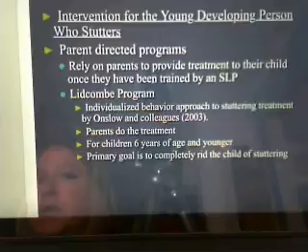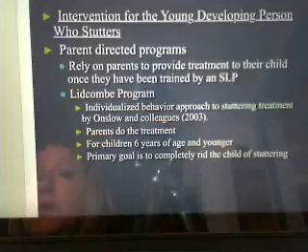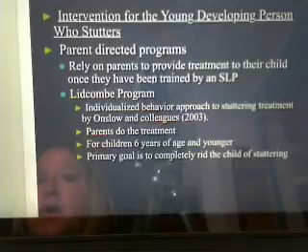So with young children, the programs vary. One of the parent-directed programs is the Lidcombe program.